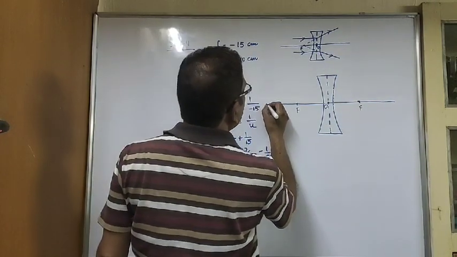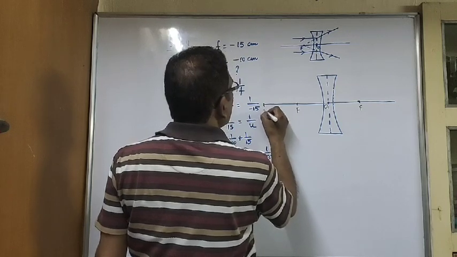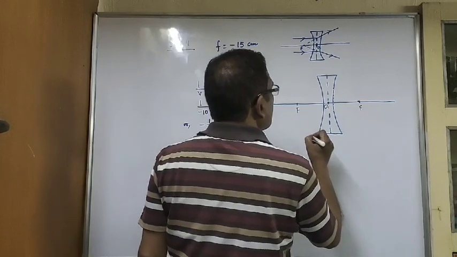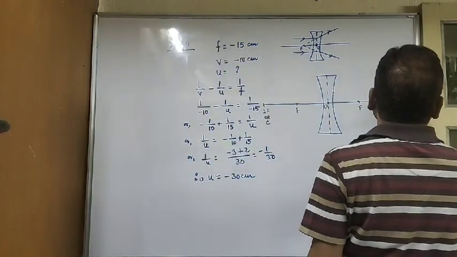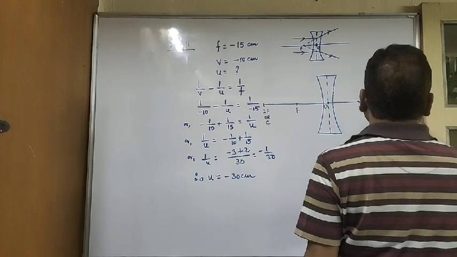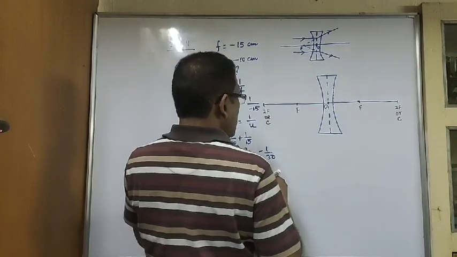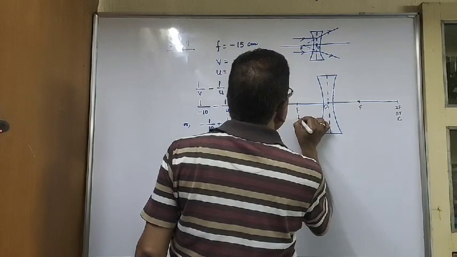Then mark 2F or C. This side also 2F or C. Now the focal length is 15 centimeter.